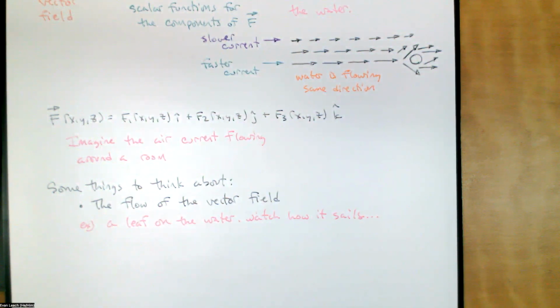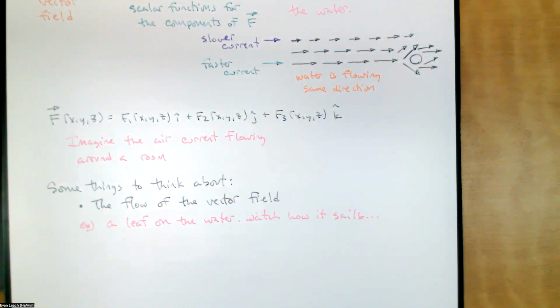Or if we take something lighter, like a feather, and let it go in the room. Well, I'd rather use a leaf, but I don't know if I have enough wind. We can imagine a particle of dust as it just follows the air current around the room. That will be the flow of the vector field.